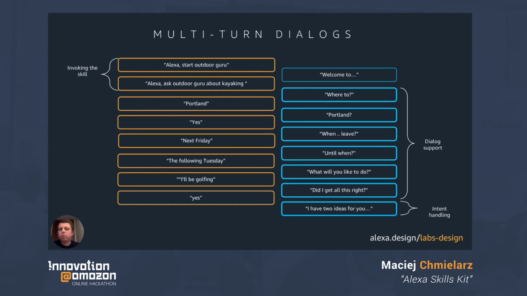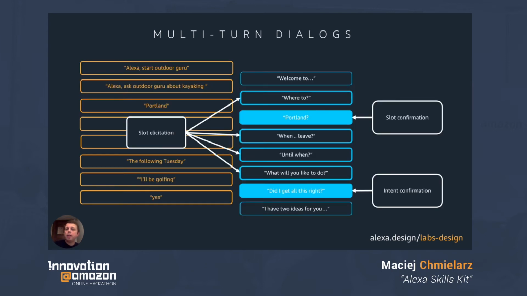And when the user confirms, yes, this intent is created and provided to your skill, and your skill can handle this. So the logic that you implemented can handle this and prepare the answer, like, for example, I have 2 ideas for you, and provide those ideas to the user.